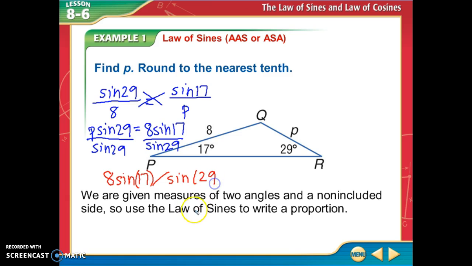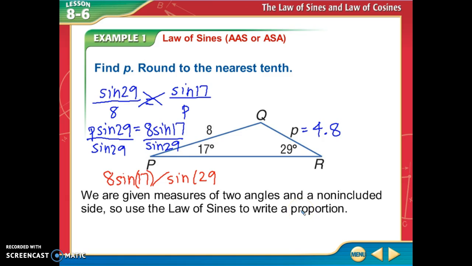That last parentheses doesn't really matter in this case, but this one around the 17, you have to make sure you close it. If not, your calculator is going to think you're doing sine of 17 divided by sine 29, right, as it's all one big number. But we want to do 8 sine 17, and then take that and divide it by sine 29. So when you plug all of that in, you should get 4.82 for P, or 4.8 if we round to the nearest tenth.